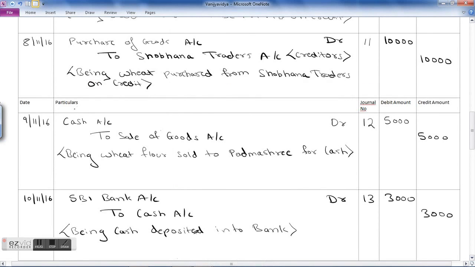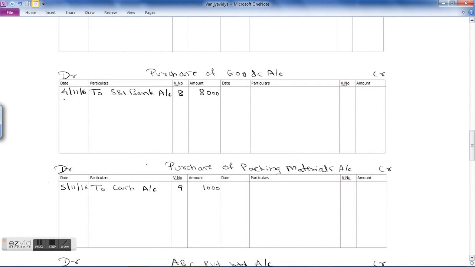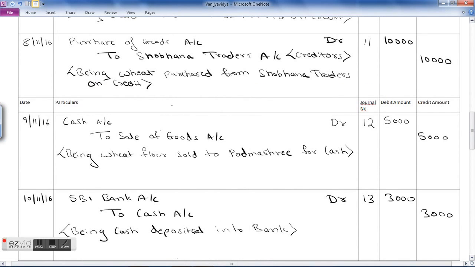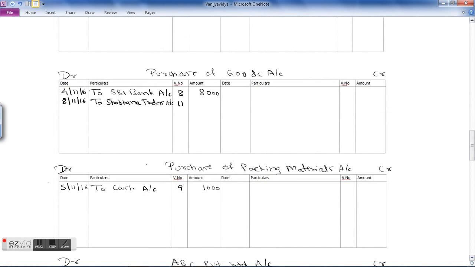What is the date of transaction? 8/11/2016. 8/11/2016 to Shobana traders account, and voucher number is 11, amount is 10,000.